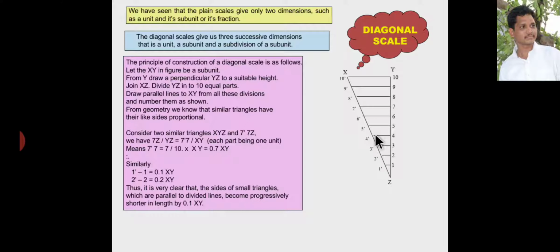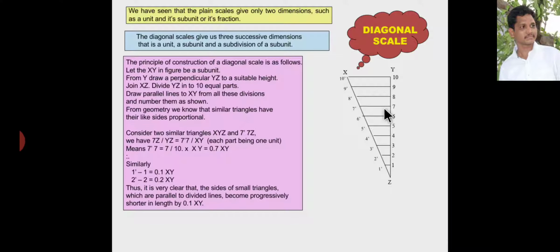Consider any two similar triangles, triangle XYZ and triangle 7-7-Z. Here I want to know the value of 7-7.